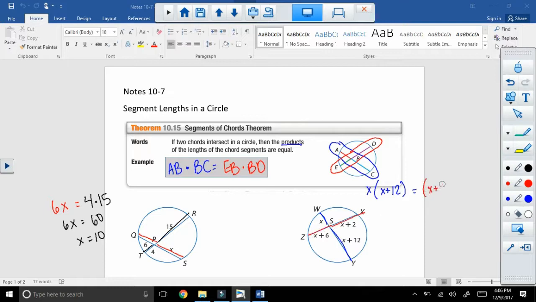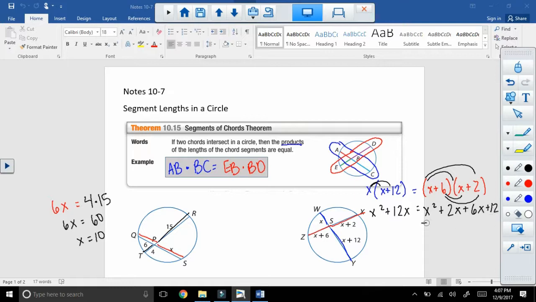And just like in the last section, I need to think FOIL method or distributive property. So when I distribute here, I have x squared plus 12x, and then for this one, I have x squared plus 2x, and then distribute that 6 to each of those other terms. I have 6x plus 12.